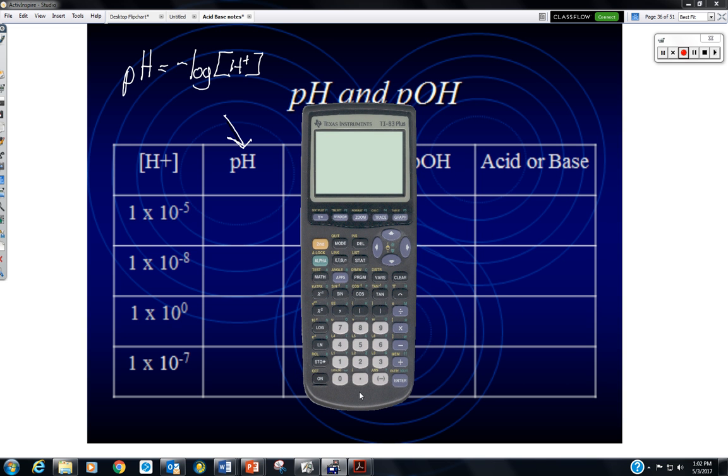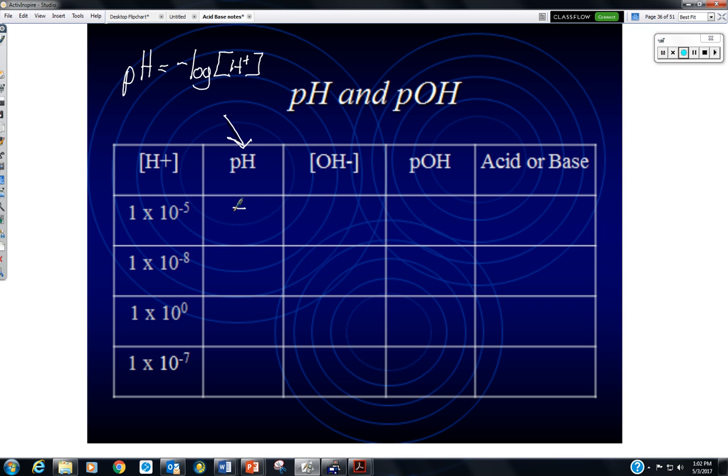So it's negative log of the concentration. That is 1, second, E, negative 5. All right, so when we hit enter, that gives us our pH is 5.